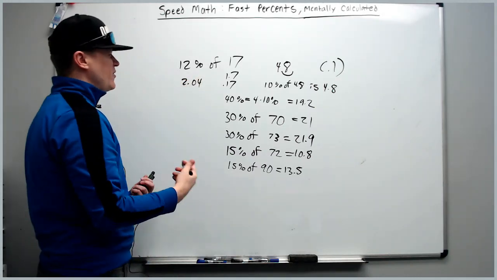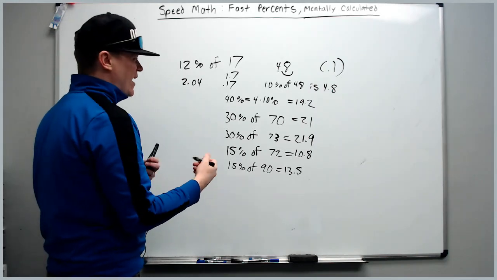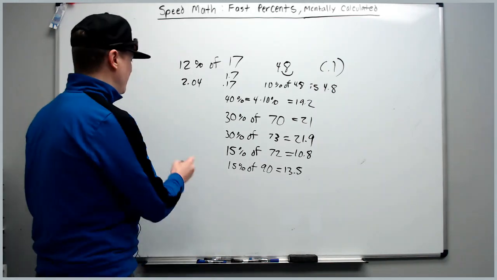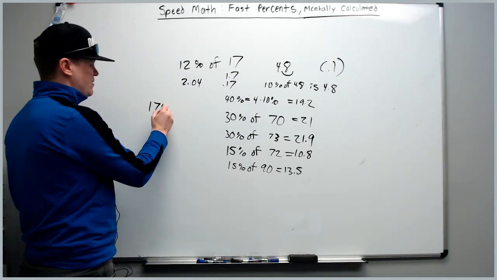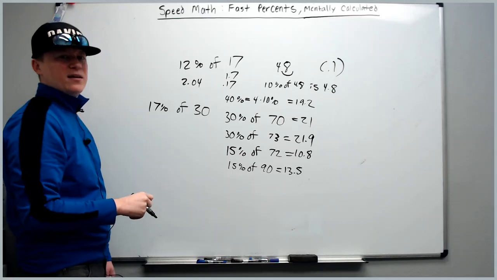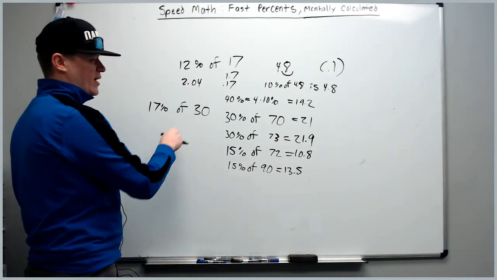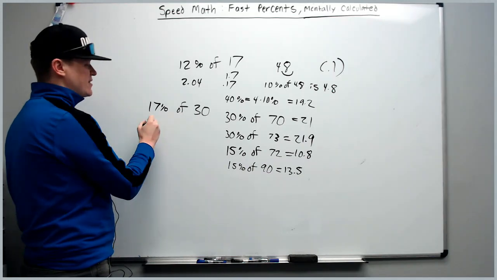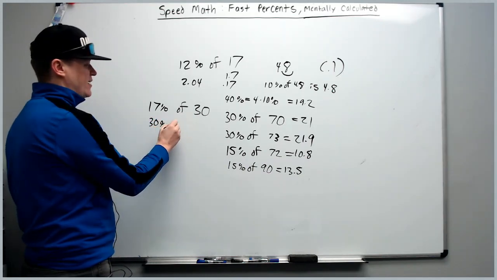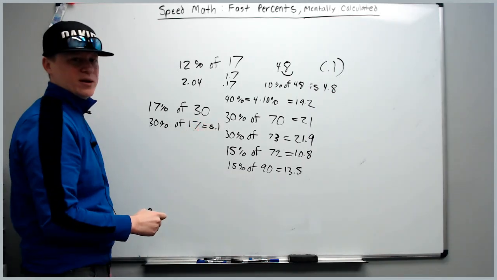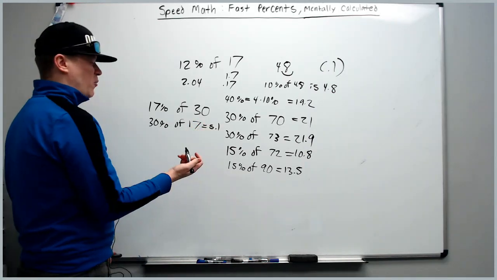Okay, what if you have a not nice percent, but a nice number you're taking the percent of? Let's say you need 17% of 30. Well, you could do the trick we learned up here, but actually there's a faster way for something like this. What's actually true is that this is the same thing as 30% of 17, which is 3 times 1.7, which is 5.1. Okay, why does that work?